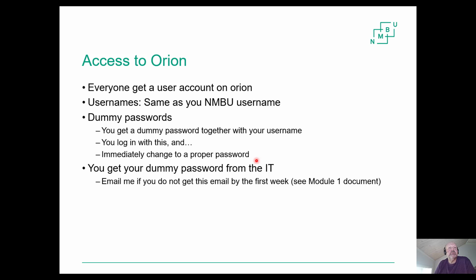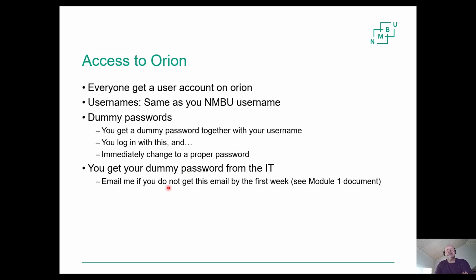You should get this dummy password from the IT department by an email, and you get it on your NMBU email. And this is new for this year, so I'm not sure how this will work. So in case you don't get such an email with a dummy password, email me.